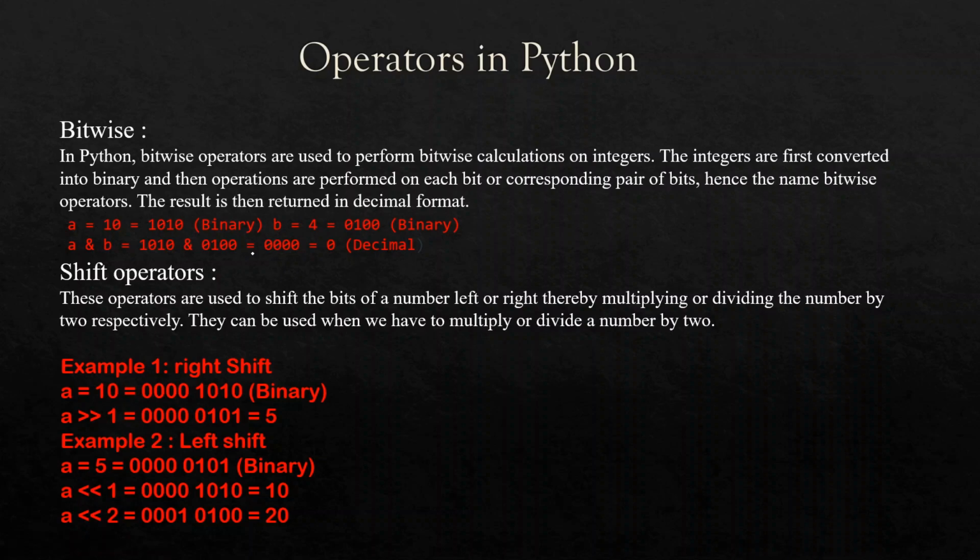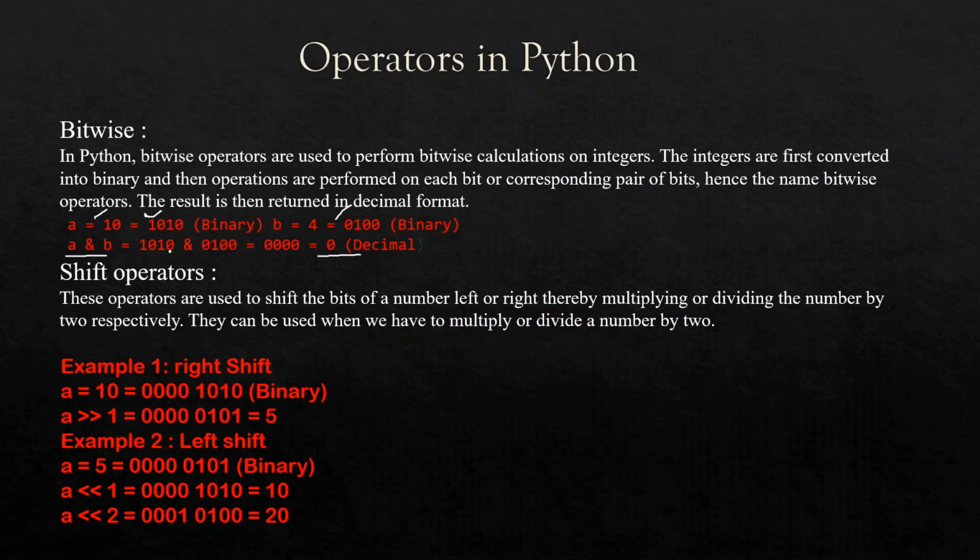Actually, you can see the equivalent binary number of 10. A is 10, so the equivalent binary of 10 is 1010. The equivalent binary of 4 is 0100. And A AND B comes out as 0 in decimal.